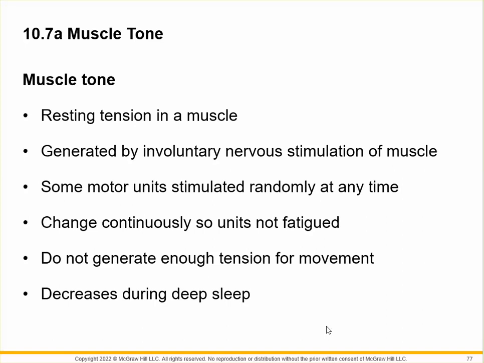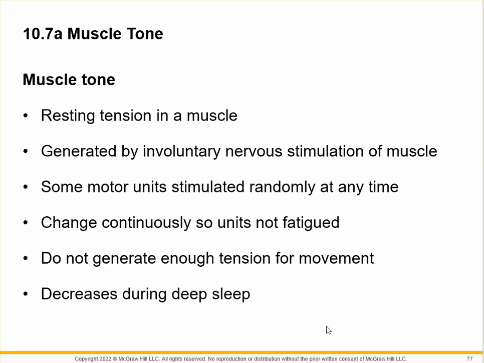Now, the muscle is never completely at rest. Different motor units are completely at rest, but there's usually a couple of motor units in a muscle contracting at any given time. So there's a resting tension in the muscle. It's involuntary. It's just random stimulations of motor units.